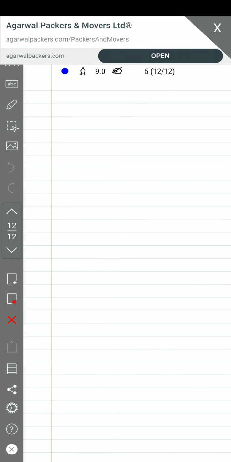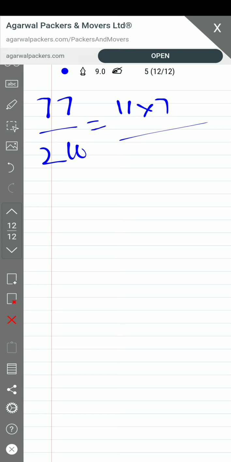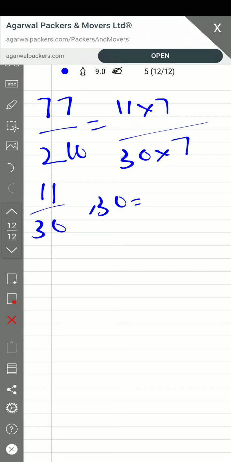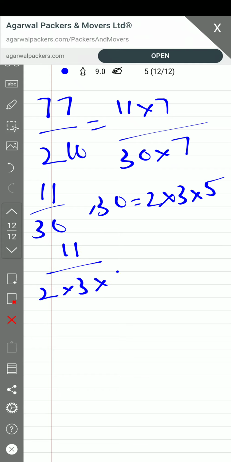The last problem is 77 by 210. The numerator is 11 into 7, and the denominator can be written as 30 into 7. So it is 11 by 30, and 30 can be written as 2 into 3 into 5. Therefore 11 by 2 into 3 into 5. It has 2 and 5, but it has an extra factor, 3.